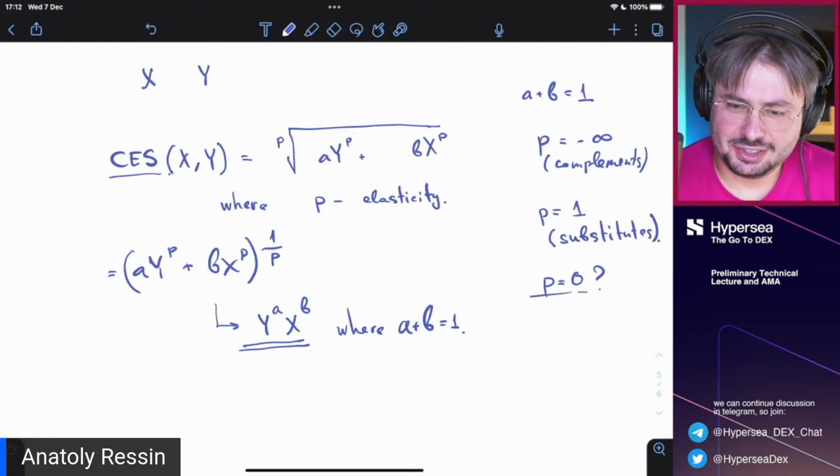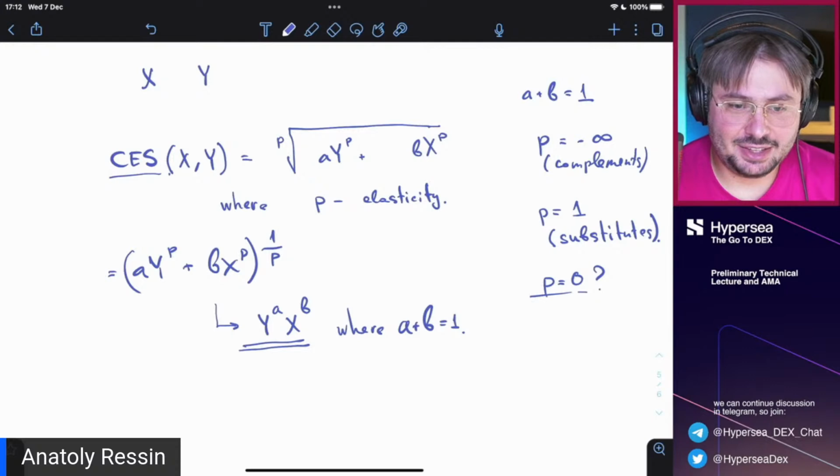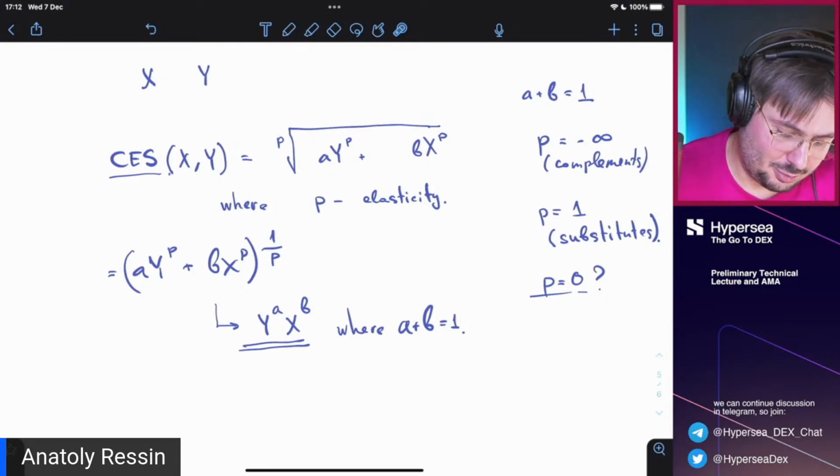Actually, it is interesting whether somebody can identify which popular decentralized finance protocol is using exactly this formula.